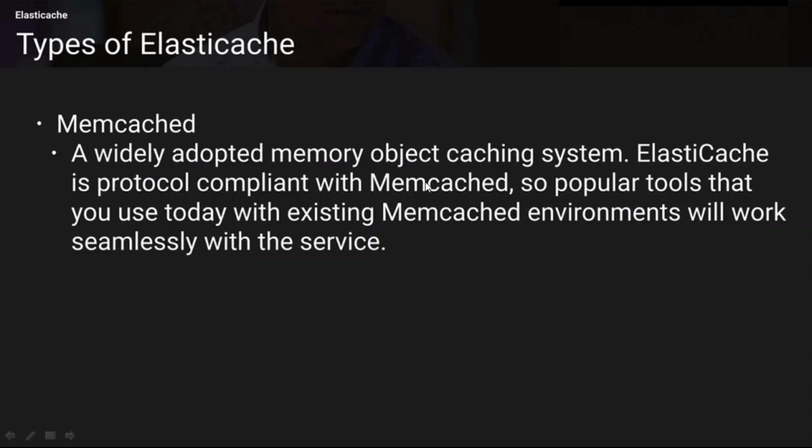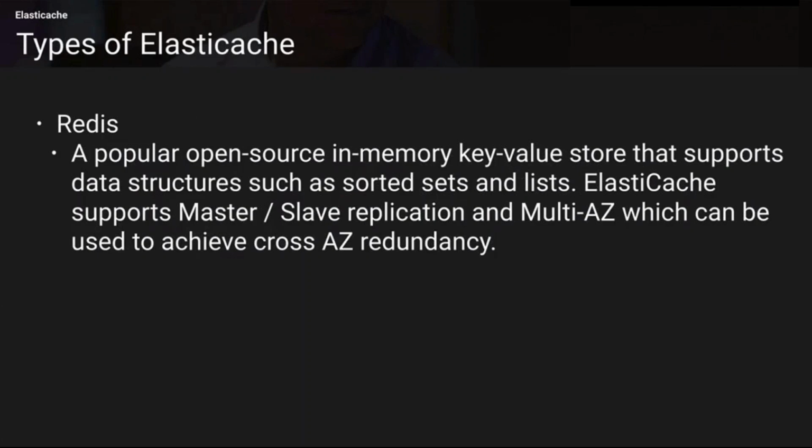So Memcached is used for very simple cases where you just want to implement Elasticache engines directly with web applications, and Redis would be used where you have a little more complex methodology.